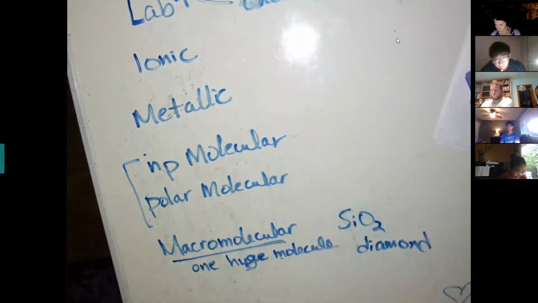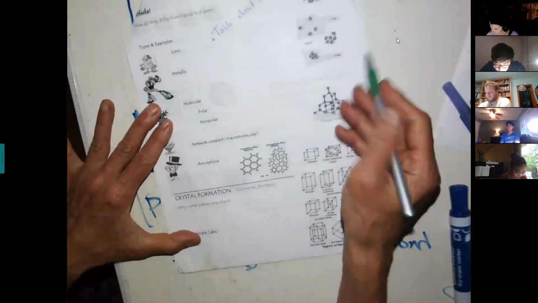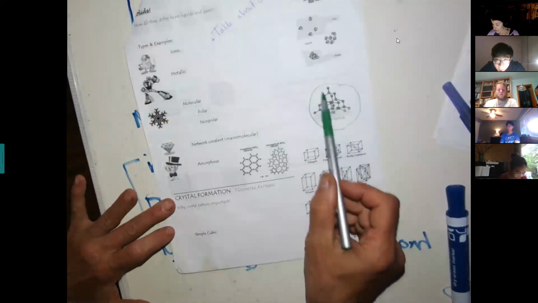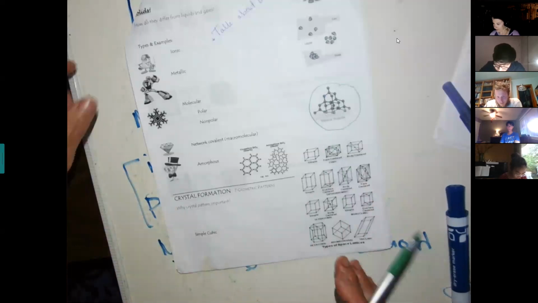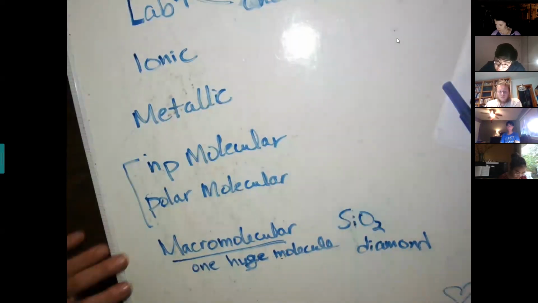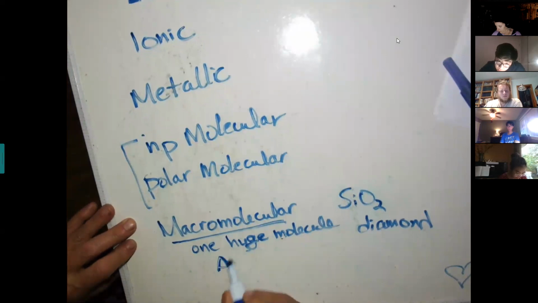And so this is actually here. This is a picture of a diamond. I think in your lab I have a picture there too. But the whole thing is all covalent bonds. There's no attractive forces anywhere in it. And so that makes it very different from these two categories. So it's all covalent bonds.